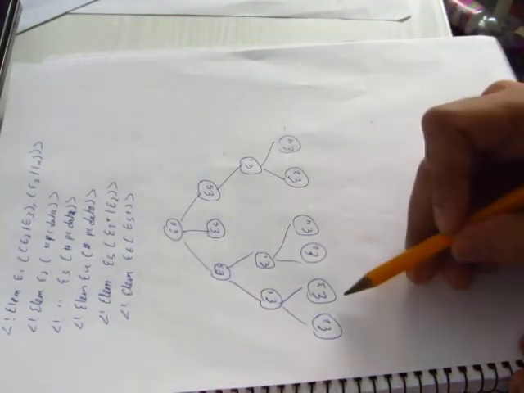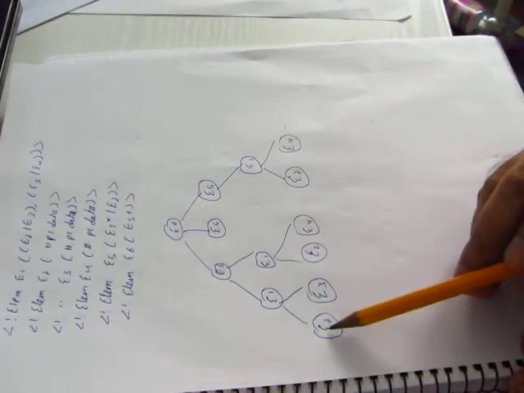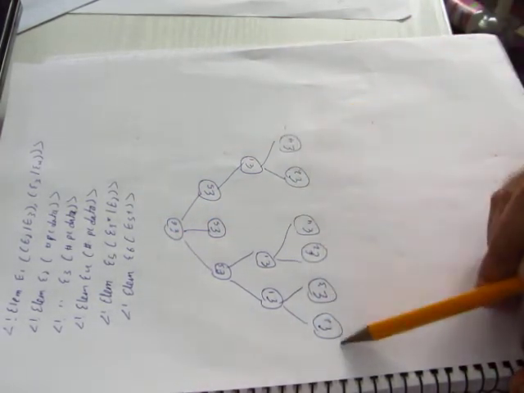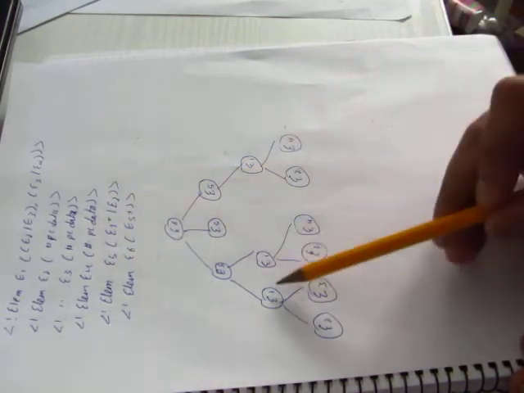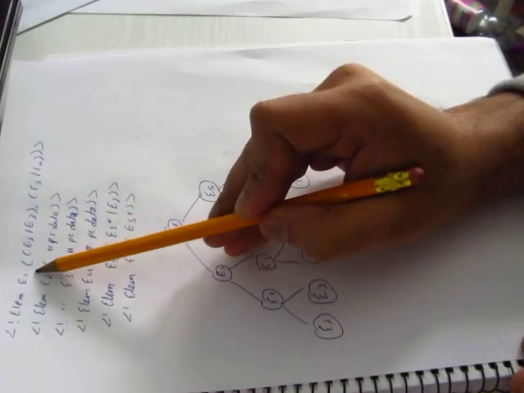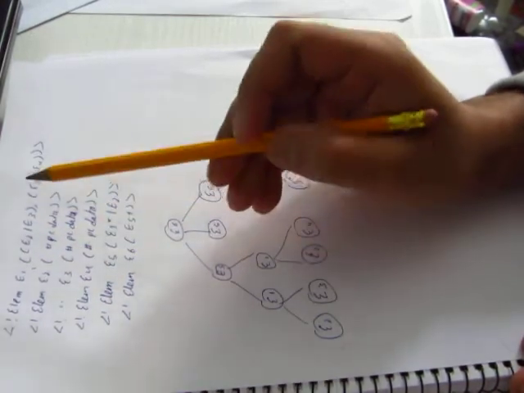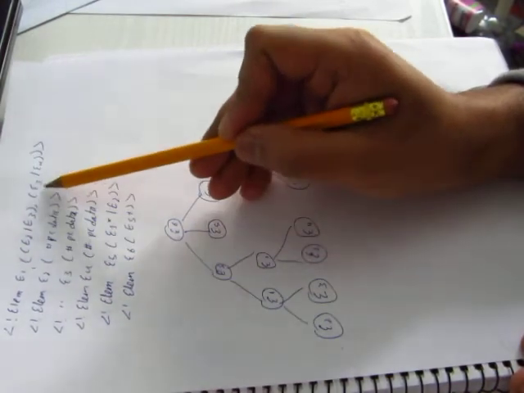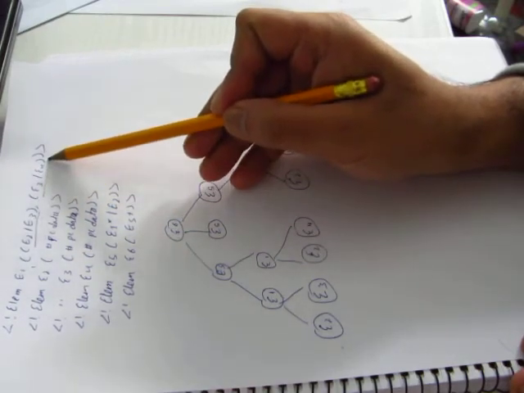Okay, let's begin. First we go with the leaf node, and in the leaf node we can see there is E1, and here we have the rule for E1. The rule for E1 says it can have two elements, first child and next sibling.